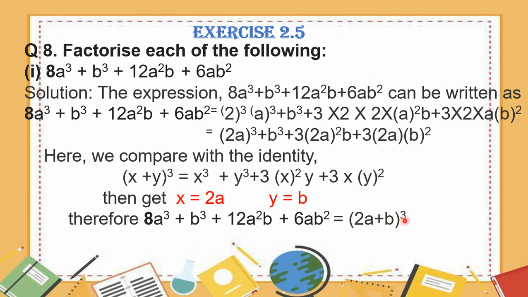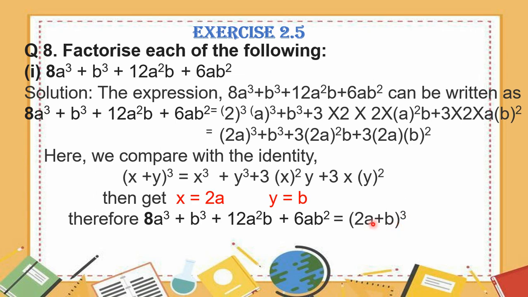As we have to factorize it, it should be written as the product of its factors. So 2a plus b is a factor of this given polynomial, and how many times? 3 times, that is 2a plus b whole cube.